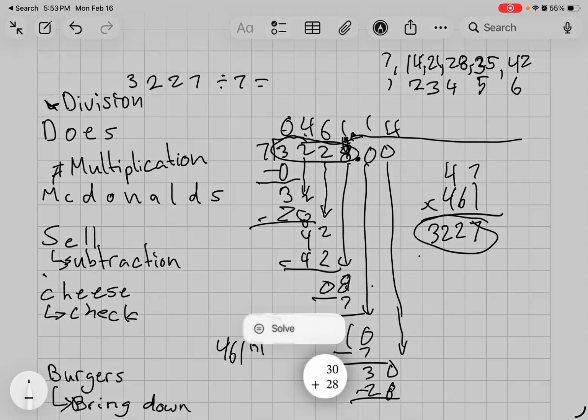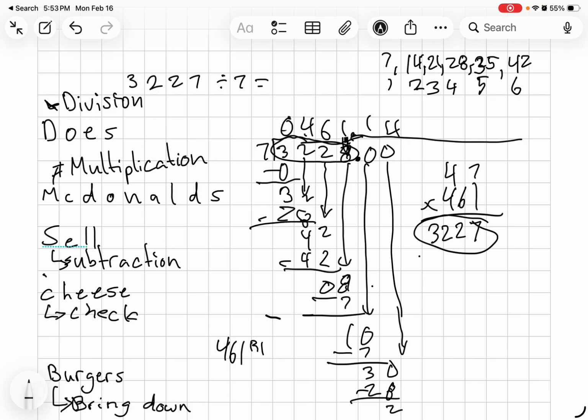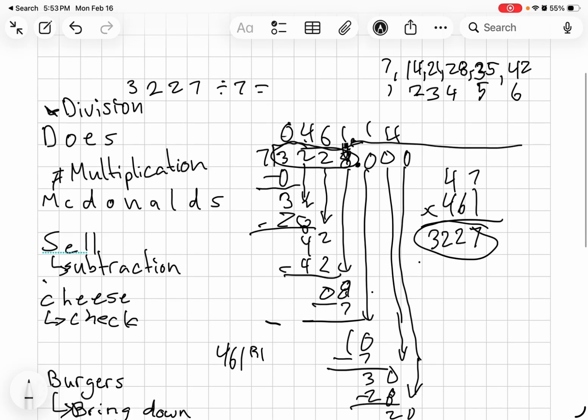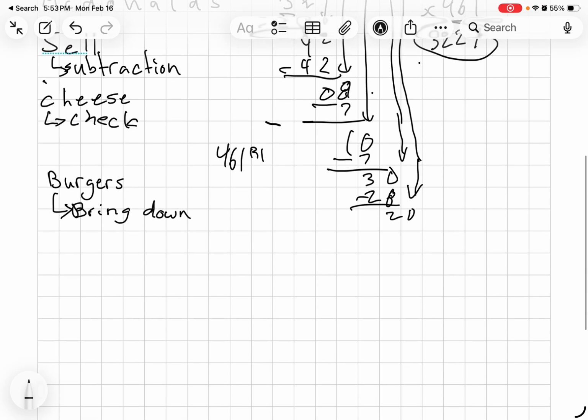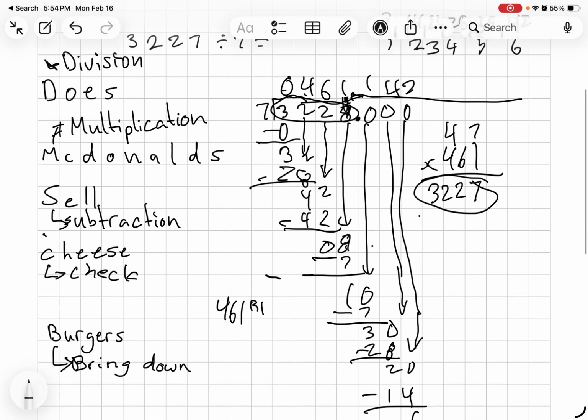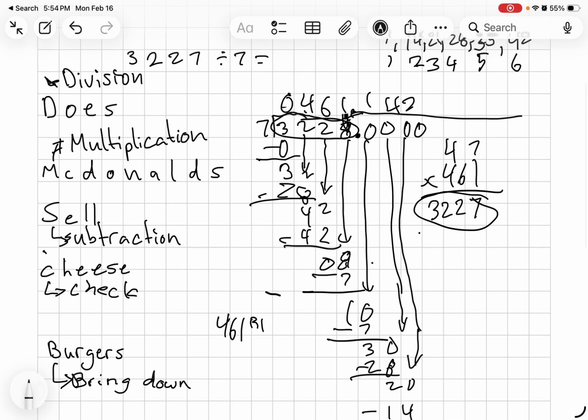Then we have 2. Getting close. So that 2, we're going to add another 0. Bring that 0 all the way down. And the farthest one we're going to go is 2 times, which is 14. Then minus, we get 6. Now we have to add another 0.